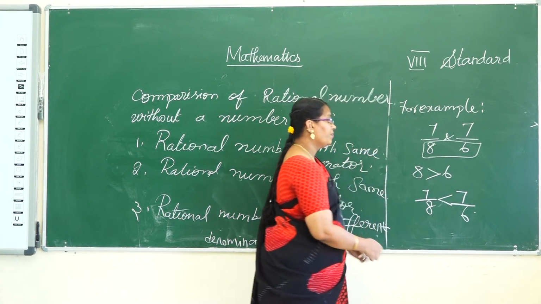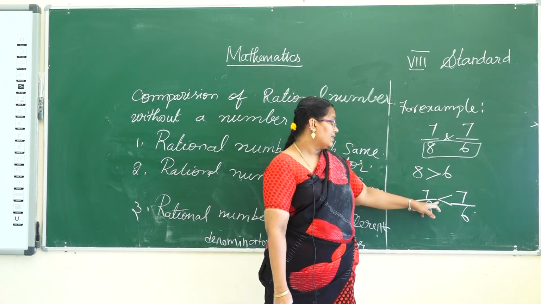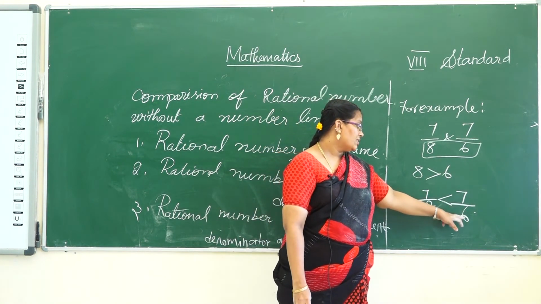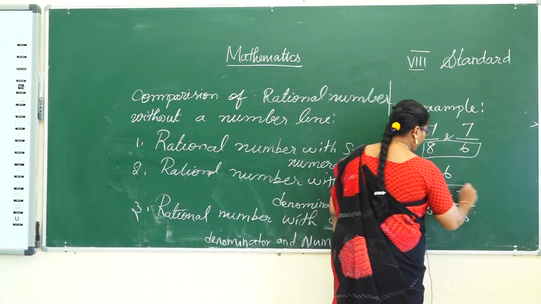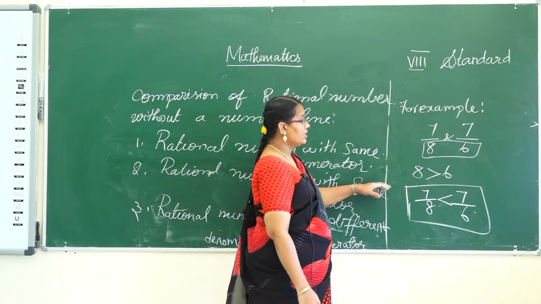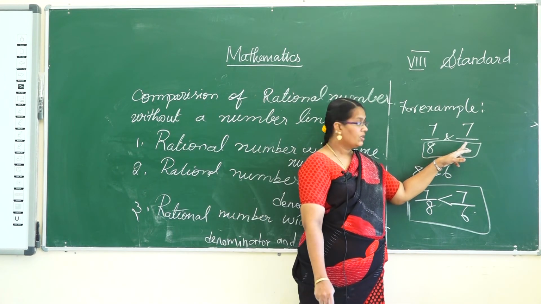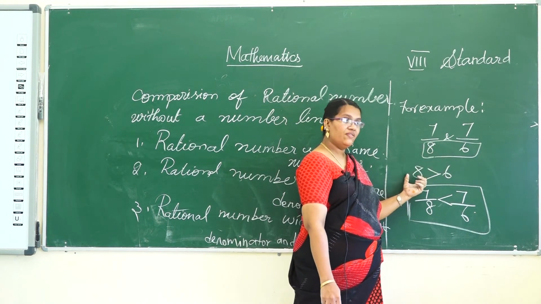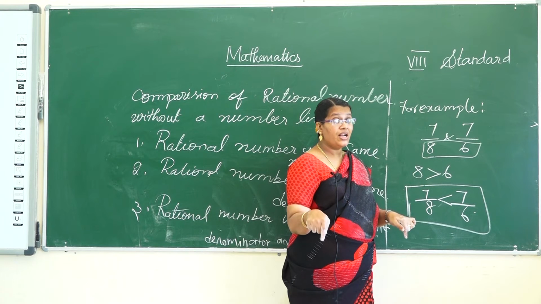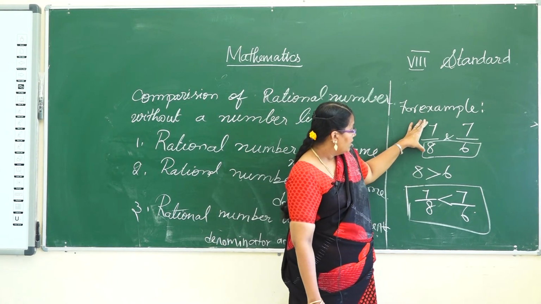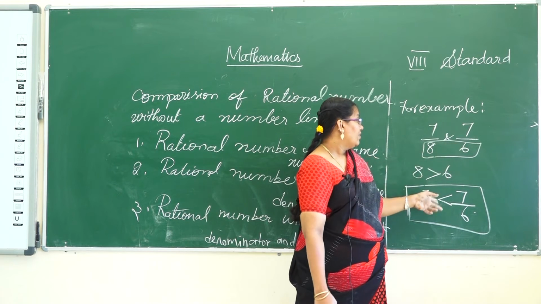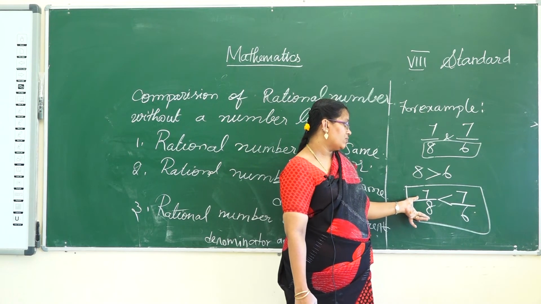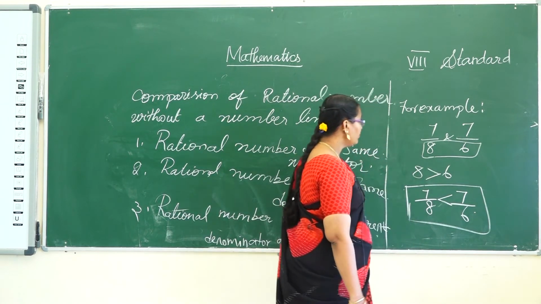Sorry, 7 by 8 is less than 7 by 6, that is the correct one. Do you understand? We compare the denominators. In integers the greatest value is 8, but in rational numbers, comparing 7 by 8 and 7 by 6, 7 by 8 is the smallest value.